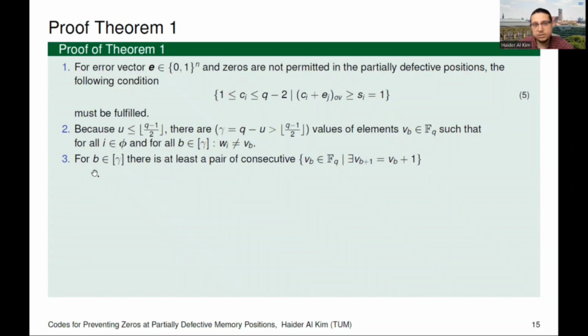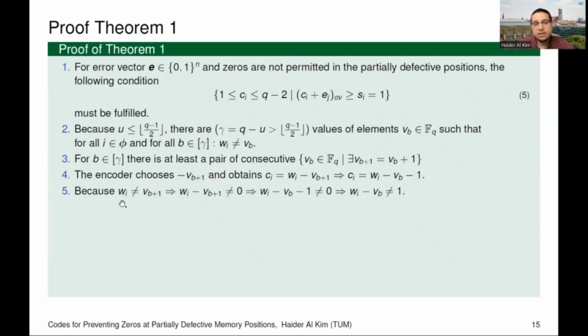And we just show that for index b in Gamma, there is at least a pair of consecutive v_b, so in F_q there exists another value which is consecutive, just v_b plus 1. The encoder chooses this value, and this always fulfills the condition here. So omega minus this value will fulfill the condition following algorithm 1 for sure.